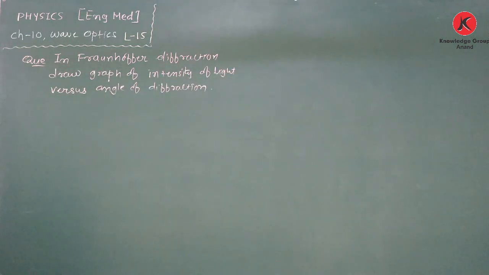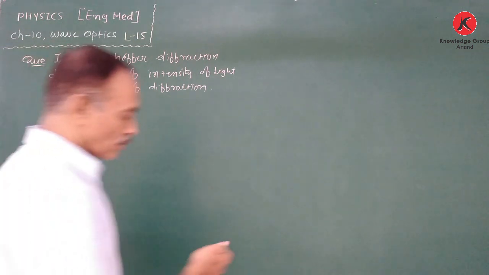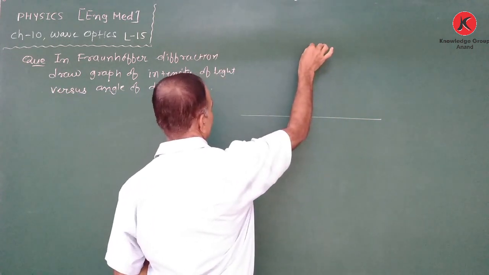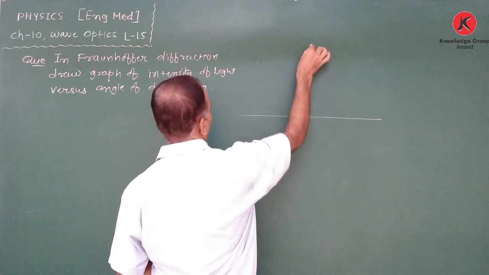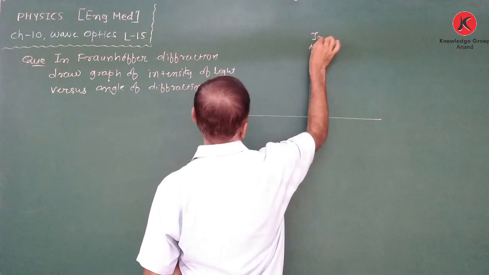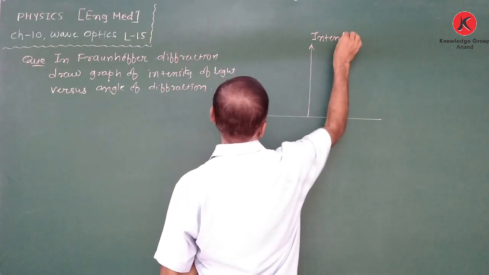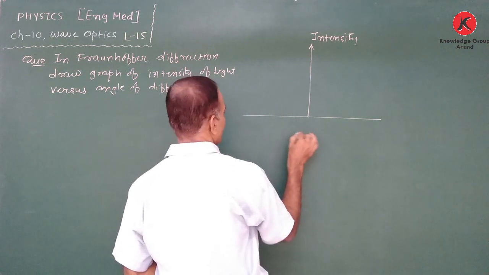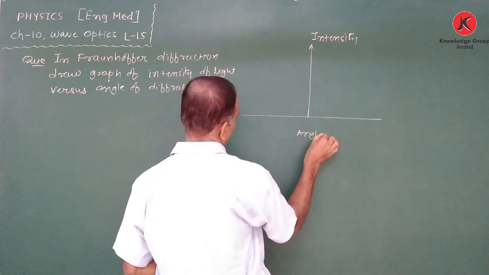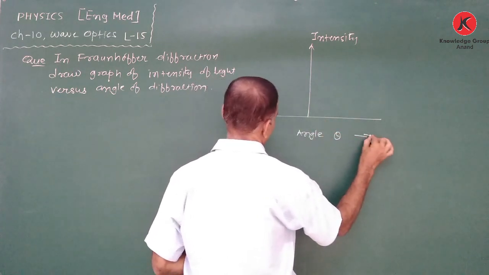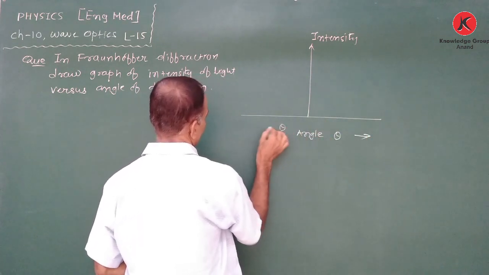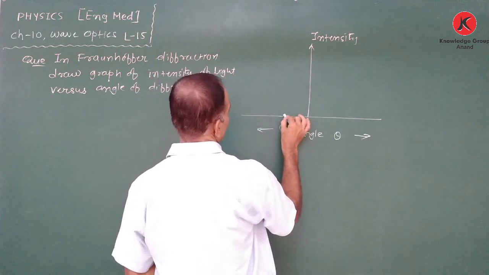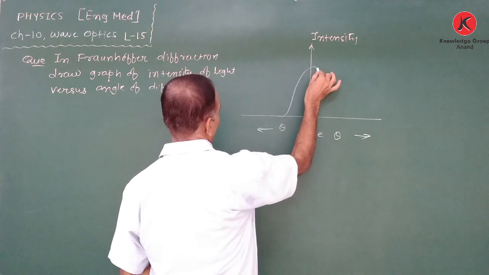Intensity of the light is taken along the y-axis, while the angle of diffraction, theta, is taken on the x-axis, on this side and also this side. Now the central maximum has the highest intensity and also the highest width.